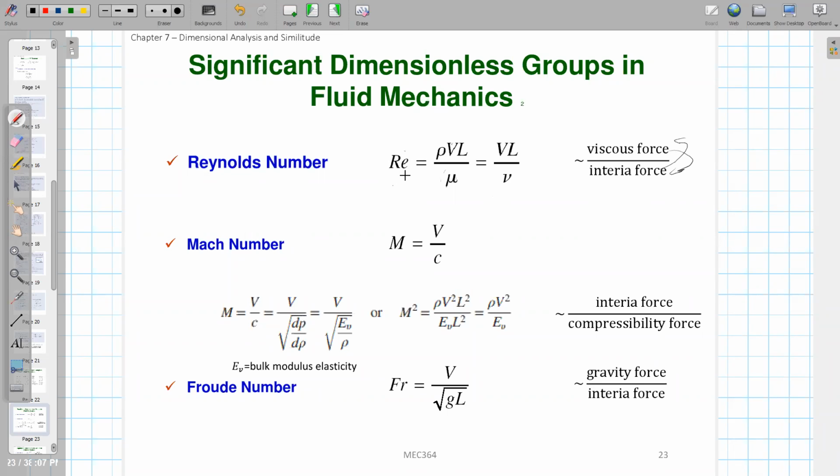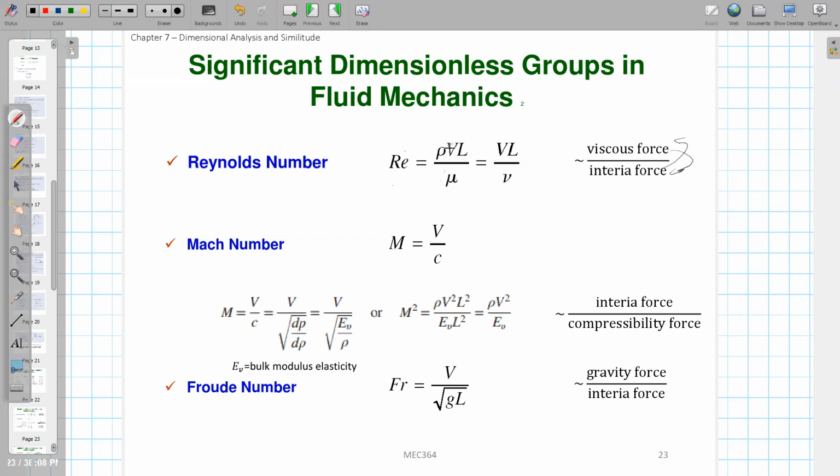If this Reynolds number is small, the flow is usually laminar flow, and if this Reynolds number is large, it simply means that your inertial force is much larger than the viscous force. And we know that the viscous force tries to organize the fluid in a more organized way, so that the flow is flowing layer by layer.